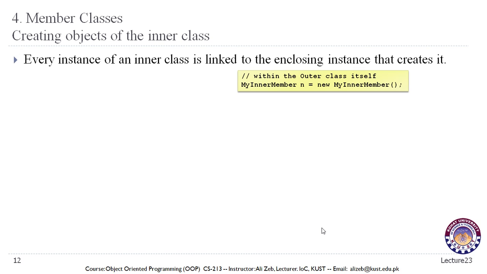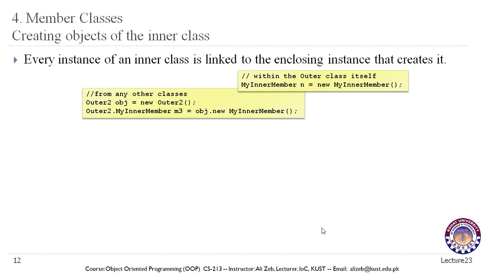If we are creating an object of the inner class within the outer class itself, then we can use this syntax and create it directly with the name of the class. If we are creating it outside of the outer class, or in other classes, then we can only create it by linking it with an object of the outer class.